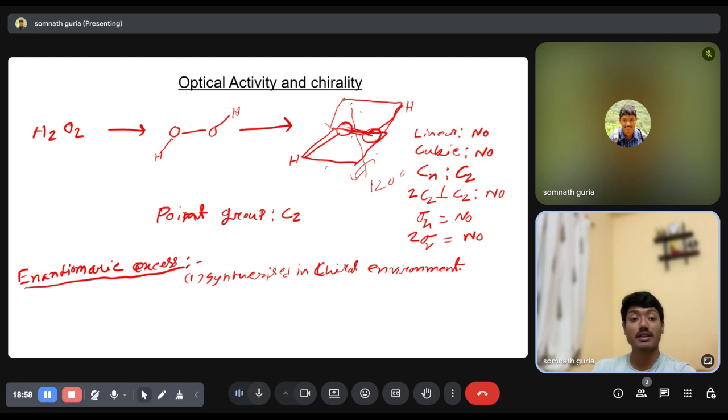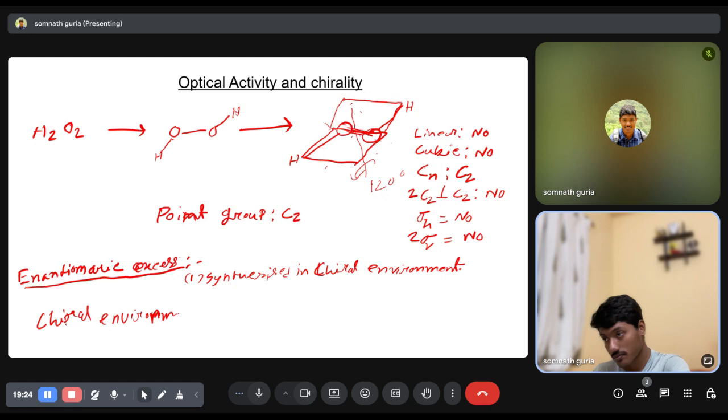So what natural chiral environments can we find?